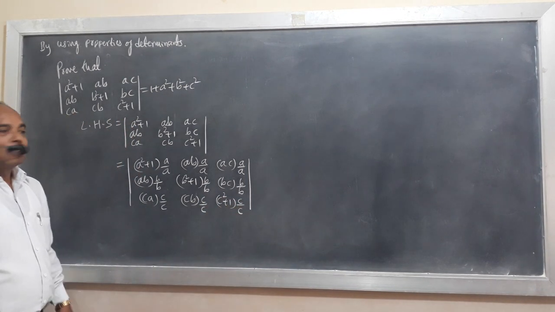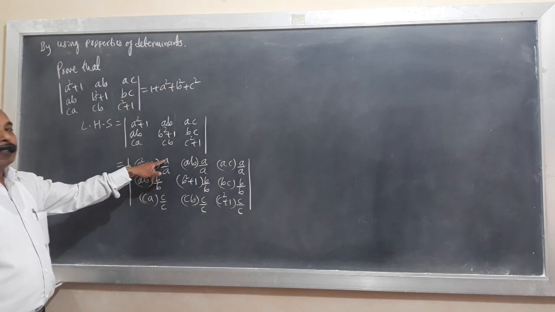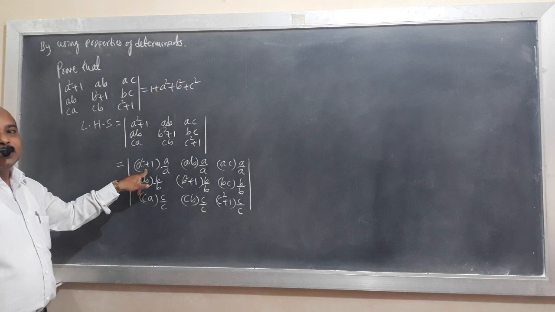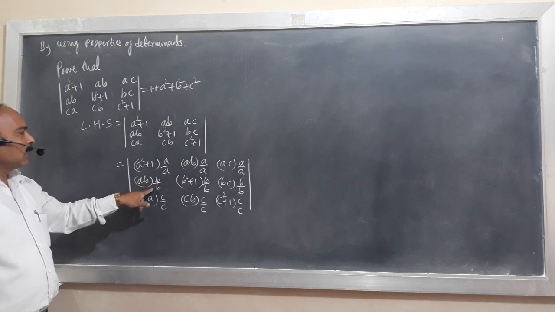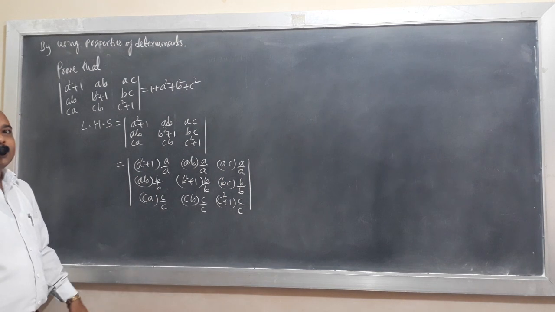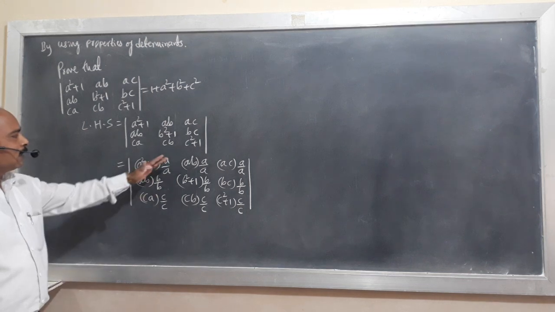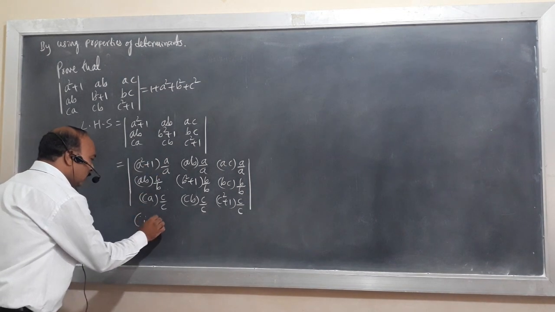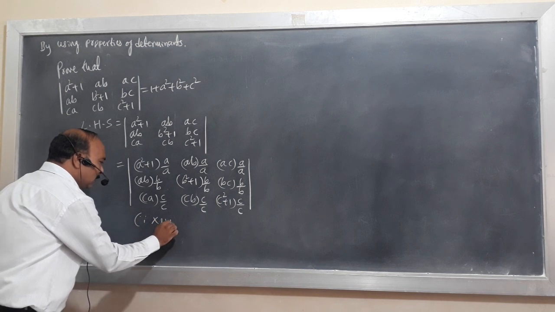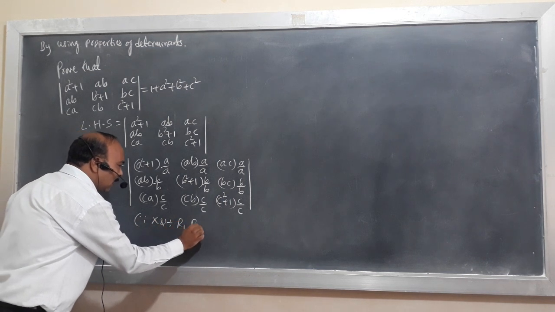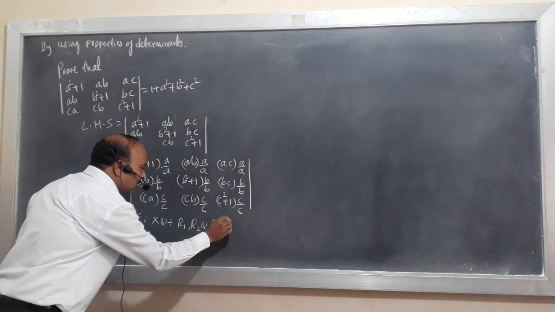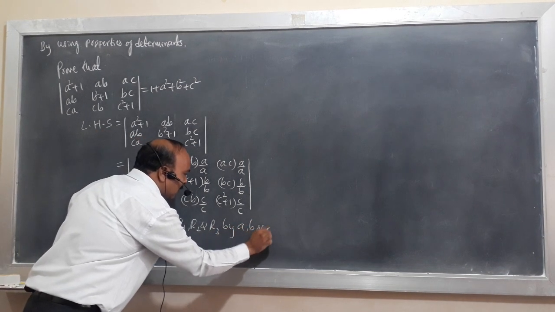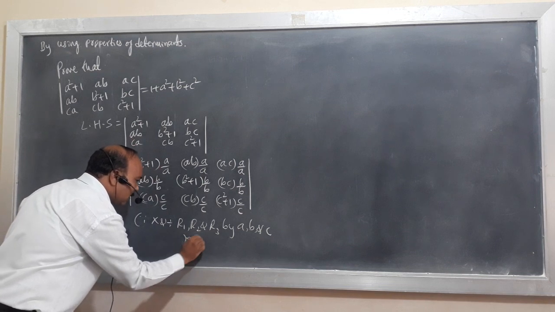Again these A and A get cancelled, there is no change in the previous value, it remains constant. Similarly for R2 and R3, there is no change in the previous result, the same way multiplied and the same way divided. What we did here is multiply and divide R1, R2 and R3 by A, B and C respectively.